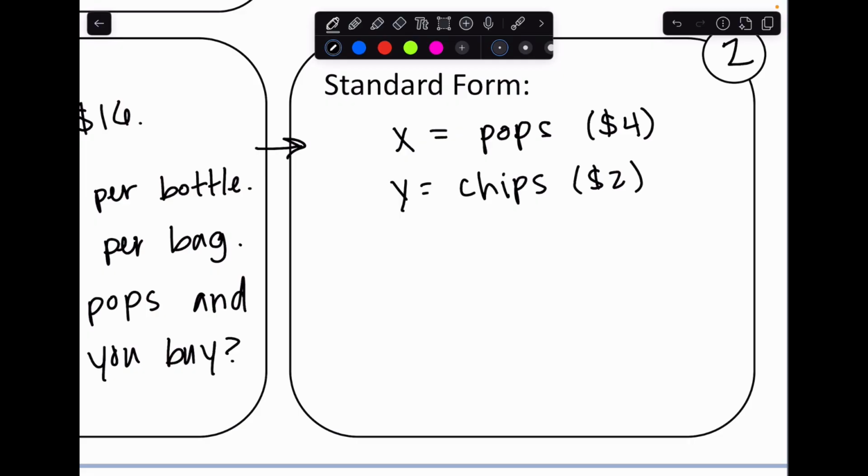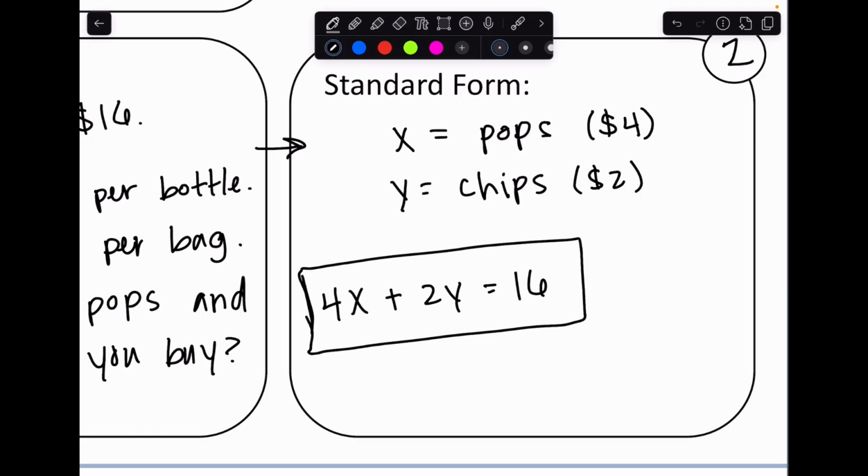So, since it's $4 per pop, we know we're going to have the coefficient of 4 times the amount of pops that we get. So 4x plus however many chips we get, which is $2 per bag. And the total amount we have to spend is 16. Okay? This is our standard form for our word problem that we just got.